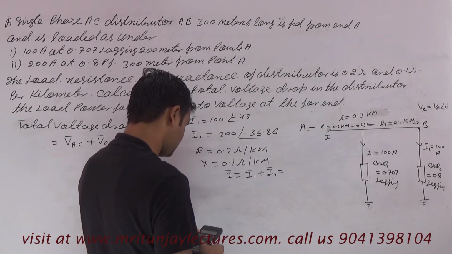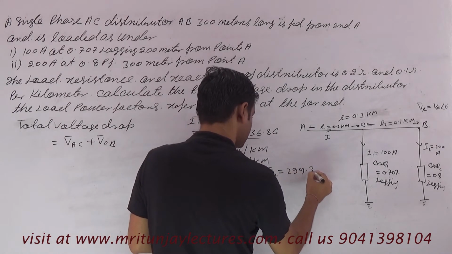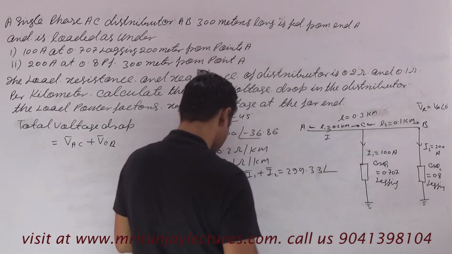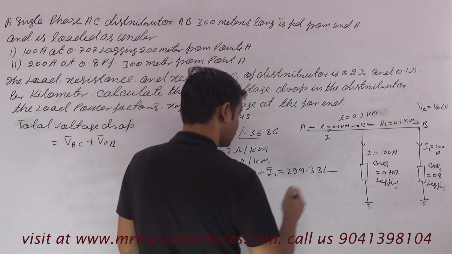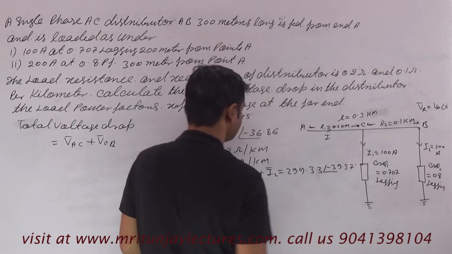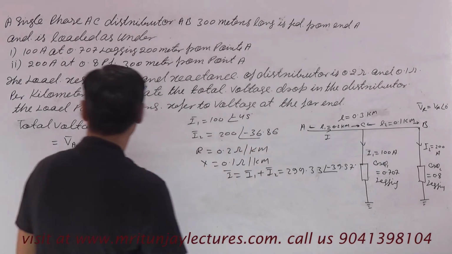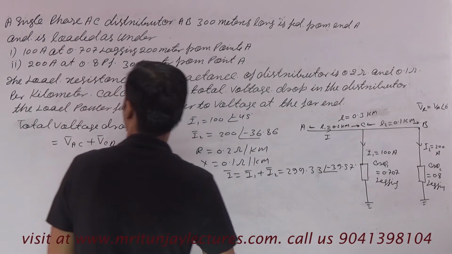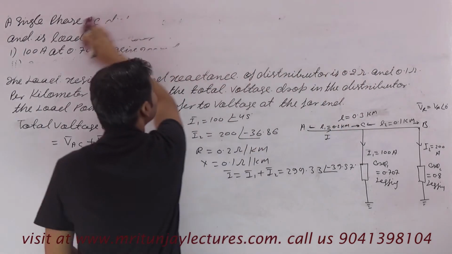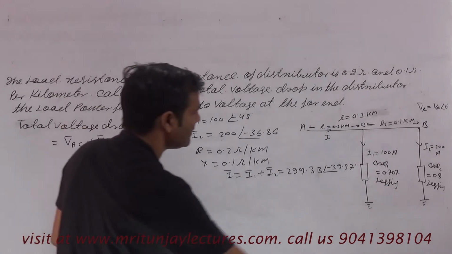This is converted into 299.32 at the angle minus 39.57 degree, that is I. Okay, so our next target is the voltage drop across AC. How to determine AC? And CB.